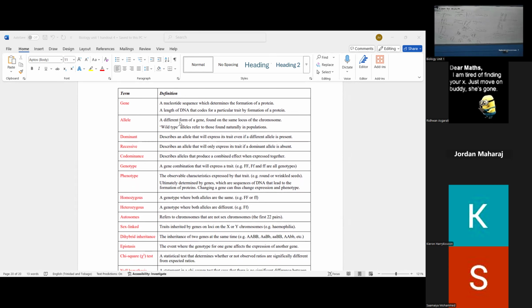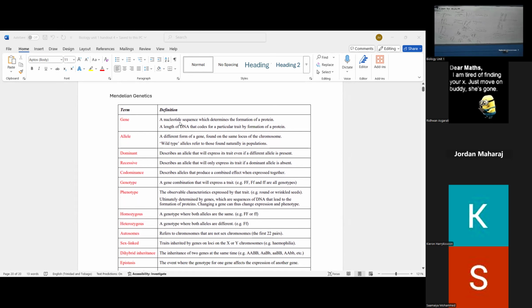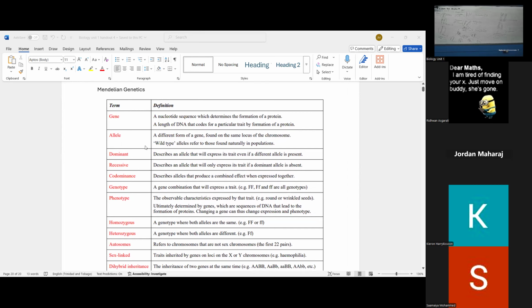These are just some key terms here on the first page which we need to understand. We need to know what a gene is. A gene is simply a nucleotide sequence which determines the formation of a protein. Based on the coding of that gene, mRNA comes in, transcribes it, and carries it to the ribosome to be translated. An allele is just a different form of a gene.